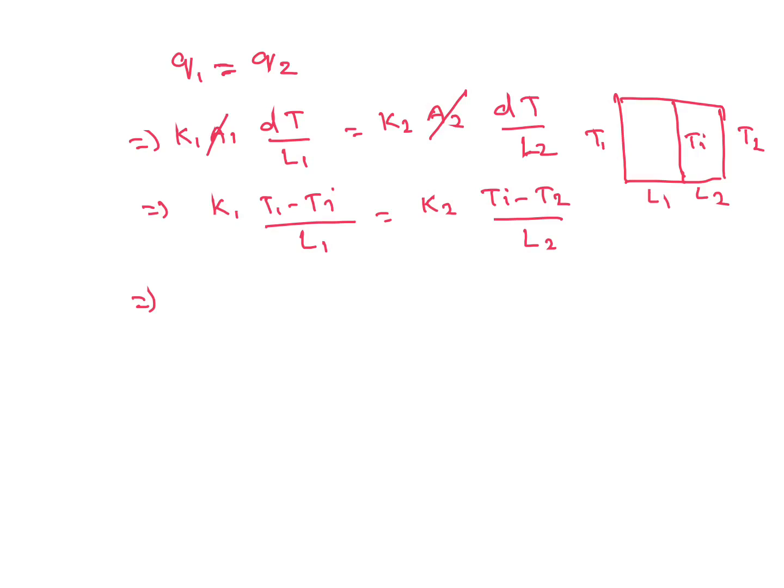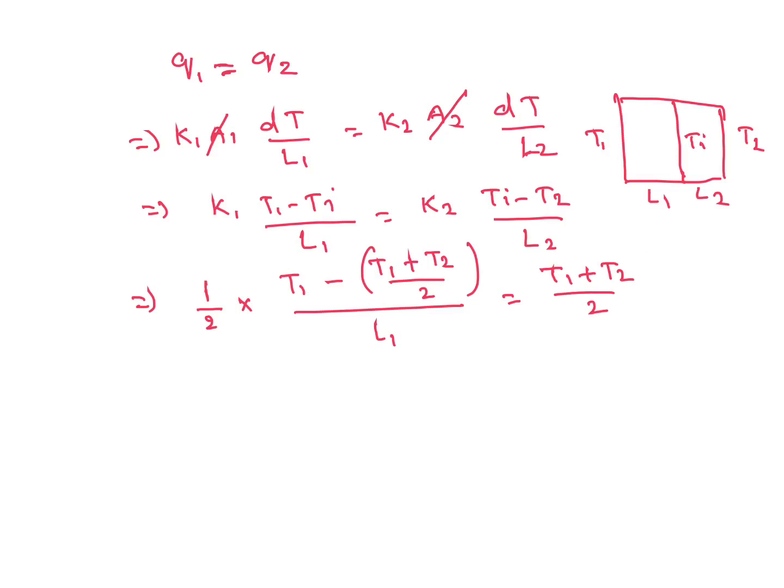So K1 by K2 ratio is 1 by 2. So 1 by 2 into (T1 minus interface temperature), where the interface temperature is (T1 plus T2) by 2, divided by L1, equals K2 times ((T1 plus T2) by 2 interface temperature minus T2) by L2.